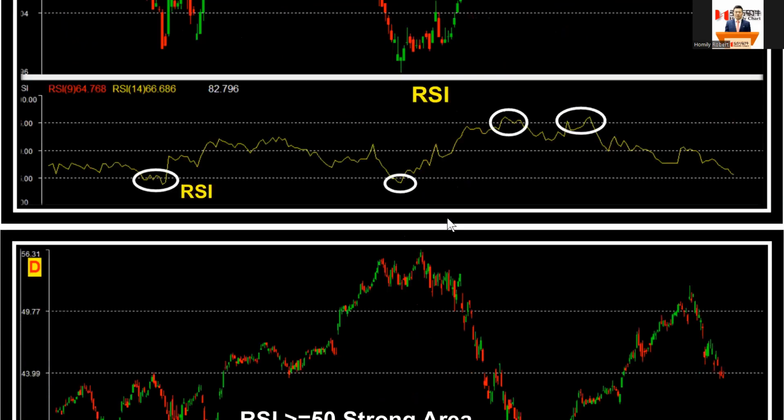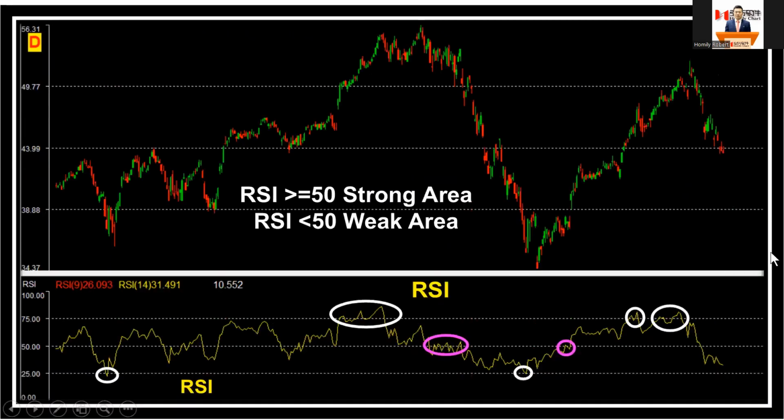There are several buy and sell points according to RSI. Number one, you catch the bottom. RSI drops below 25, then crosses up 25, that is a buy point. It drops all the way, touches or goes below 25, then crosses up: buy point to catch the bottom.